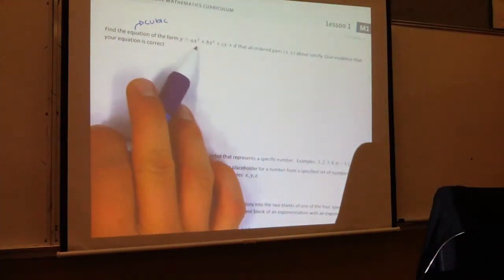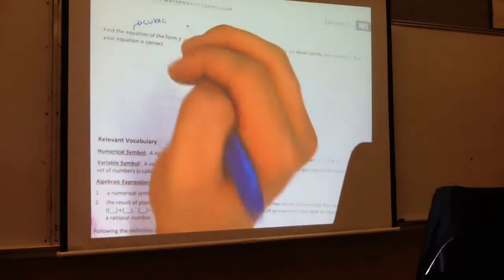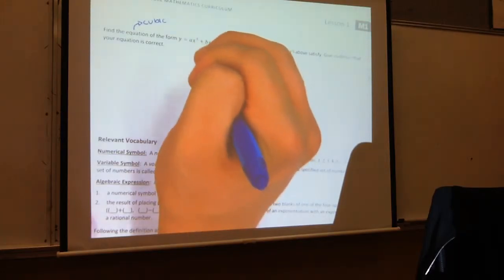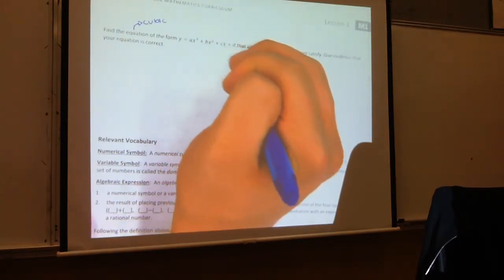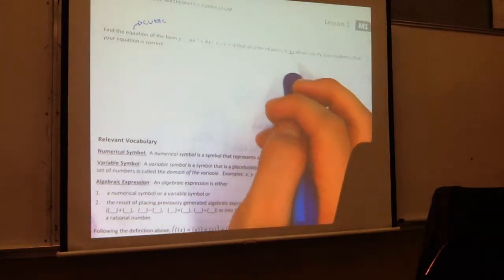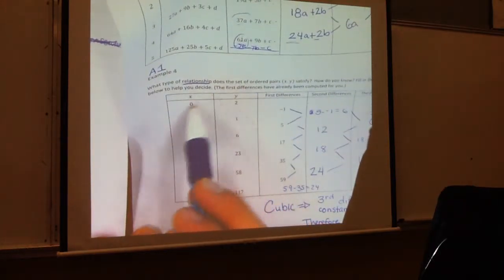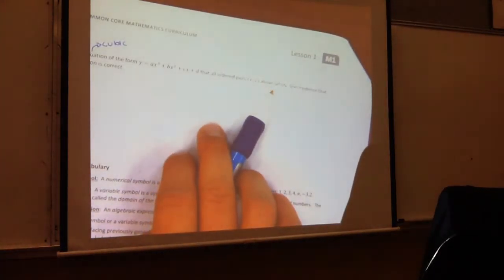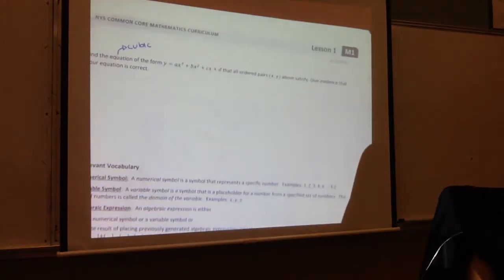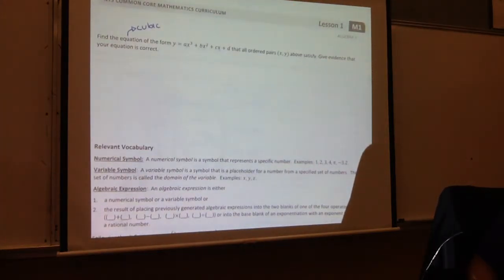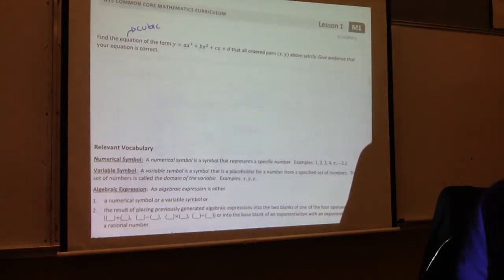And so we want to find this cubic in the form of ax cubed plus bx squared plus cx plus d, so that the ordered pairs, those xy values on the previous page, are satisfied. And then it says, give evidence that your equation is correct.